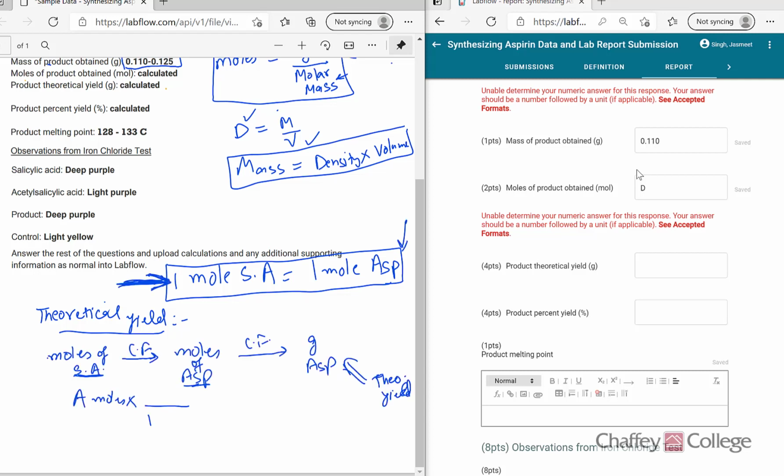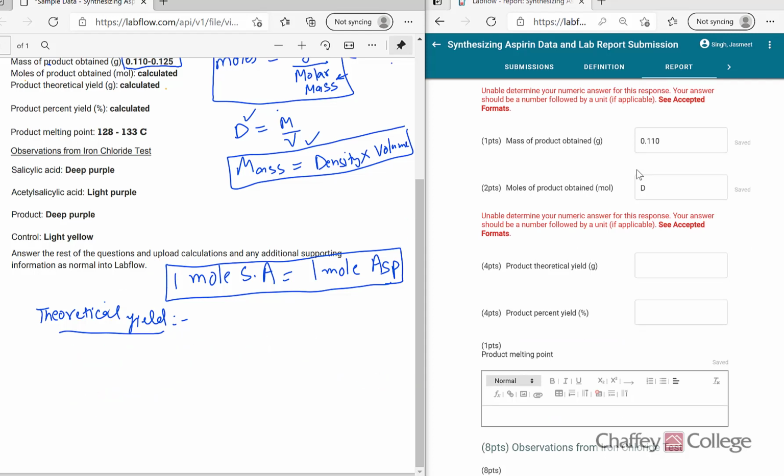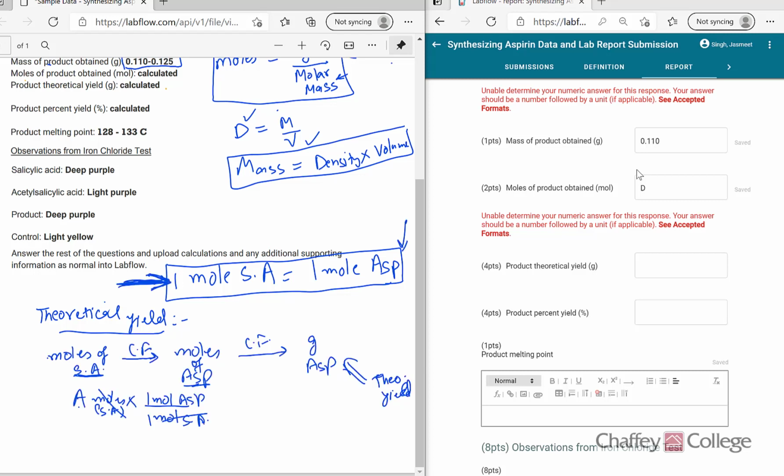So it will be 1 mole salicylic acid, and remember this is salicylic acid, right? And 1 mole aspirin. So moles of salicylic acid cancel with moles of salicylic acid. Now we have A multiplied by 1, that should be A moles of aspirin. So we have moles of aspirin up to here.